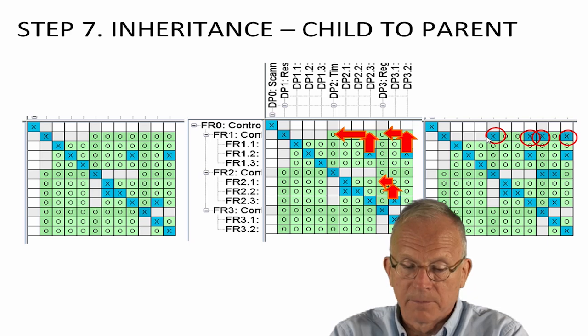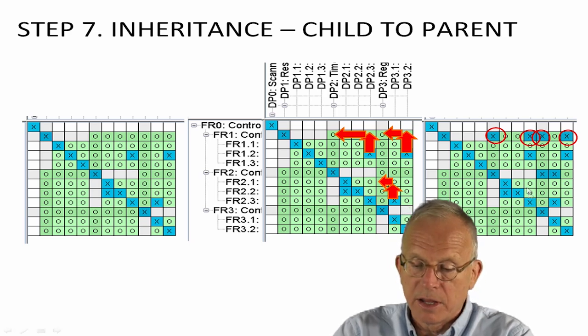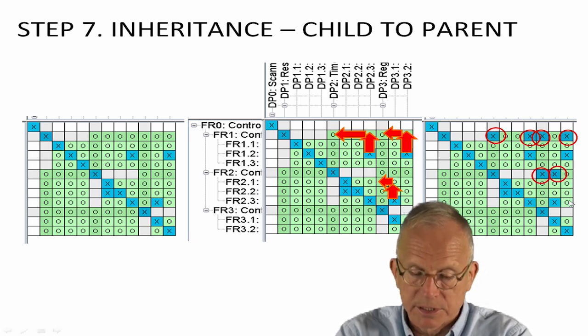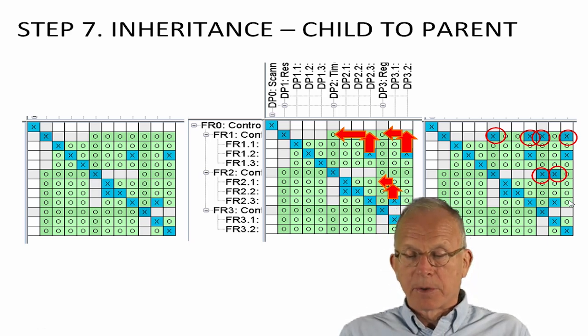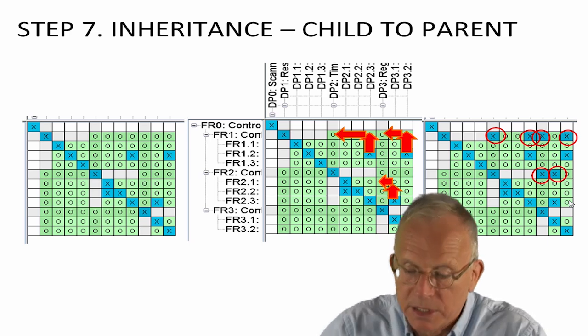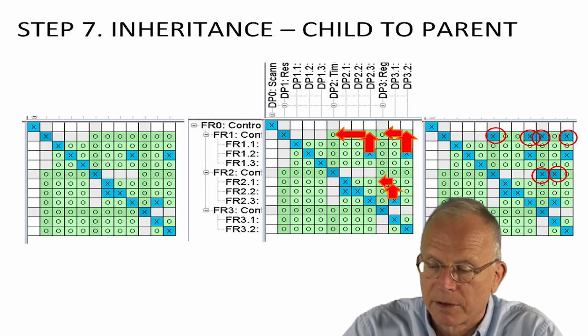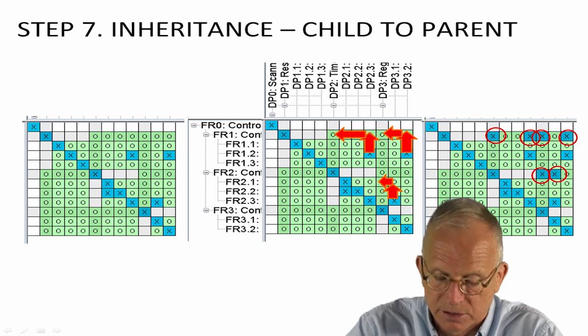And then we have another one for down here where the coupling was. And so in this, virtually every time there's coupling, we need to promote it to the parent level. And so here the promotions are all circled.